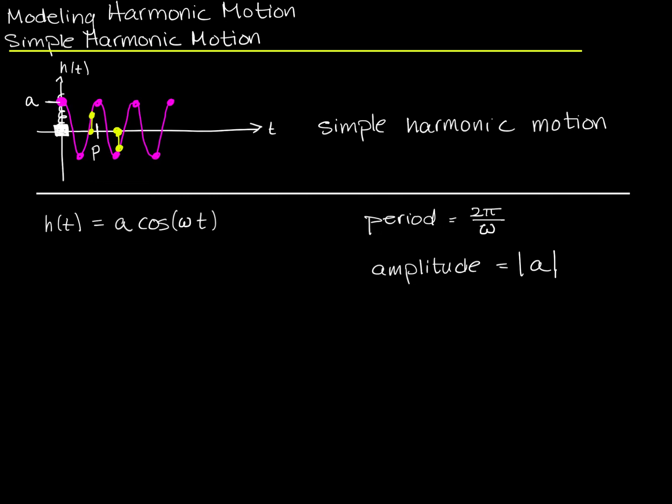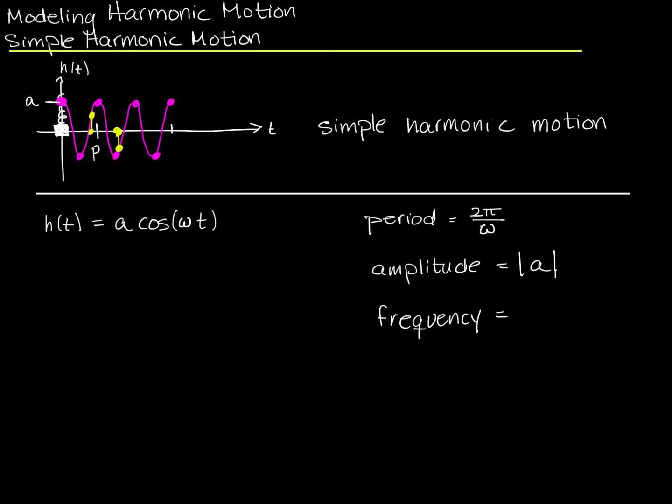There's a new piece of vocabulary here, and that is frequency. Look back at your equation here, and remember when we were calling this k, this omega has exactly the same function. It's going to tell us how many cycles this graph goes through between 0 and 2 pi.